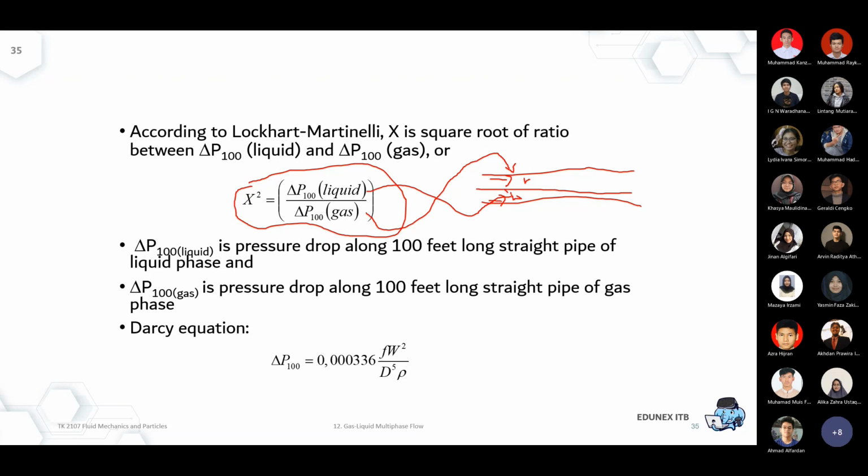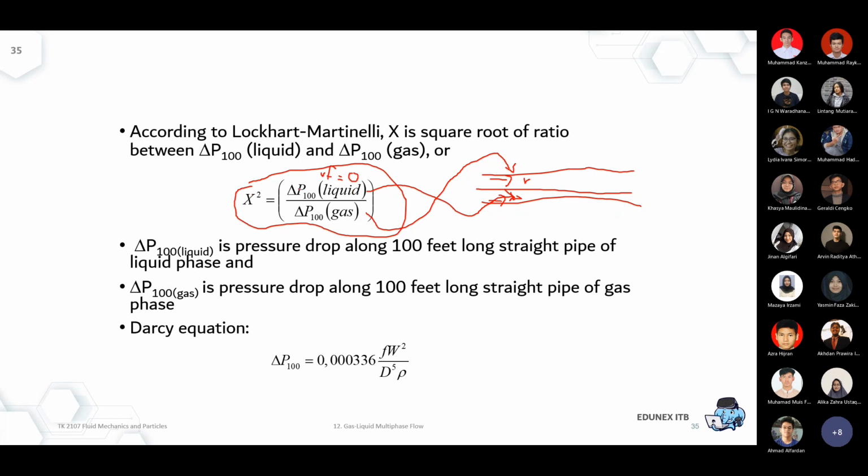Now for the delta P for 100, of course you assume that the vapor fraction for the second reference point is 0. It is the reference point. So the ratio of the delta P of the liquid divided by the gas would be the number of the Lockhart-Martinelli modulus square, or X square.